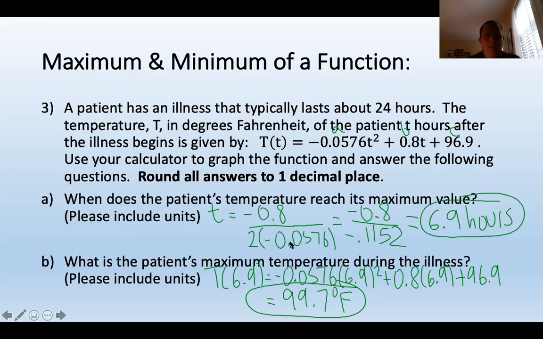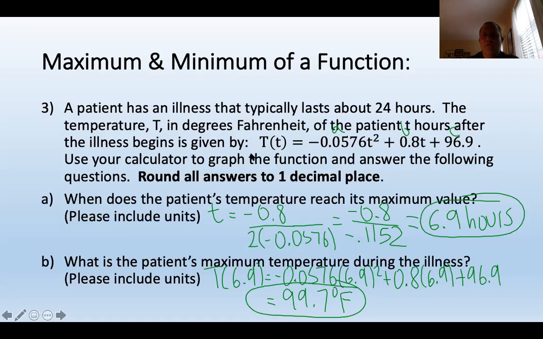B says, what is the patient's maximum temperature during the illness? Well, the y-coordinate of the maximum represents the maximum temperature because T of t represents what y would normally be.